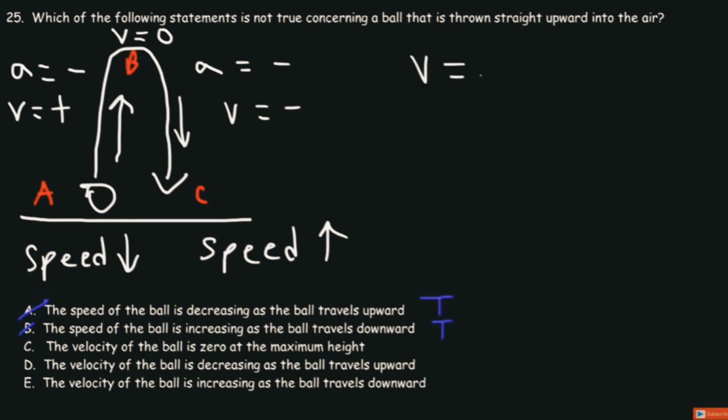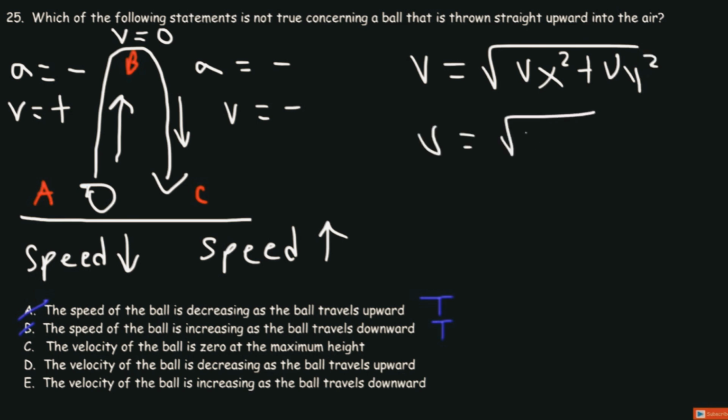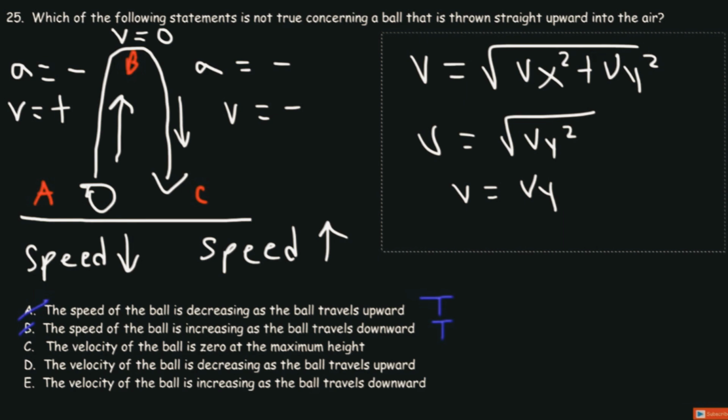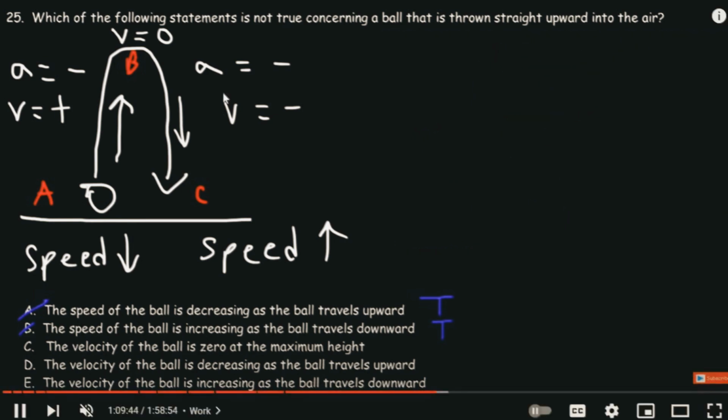If vx is zero, then v becomes the square root of vy squared, so v equals vy when there is no horizontal component. So C is the true statement.